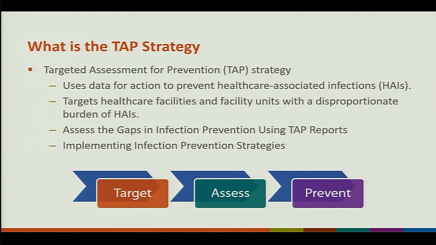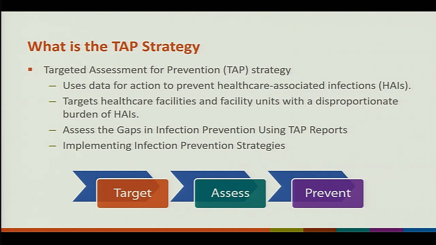With the TAP strategy, what we're aimed at doing is taking a closer look, looking within the locations within our facility, and seeing exactly how many infections we have in those locations and what we would need to do in order to ensure that the data that we see when we look at a SIR is representative of all of our locations.